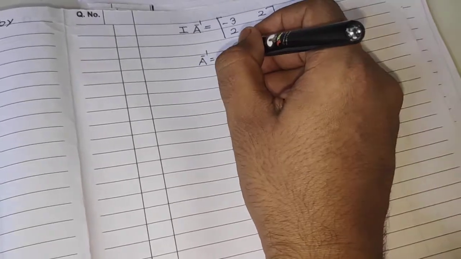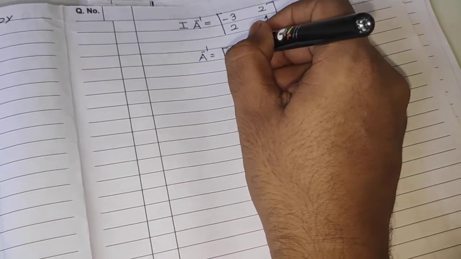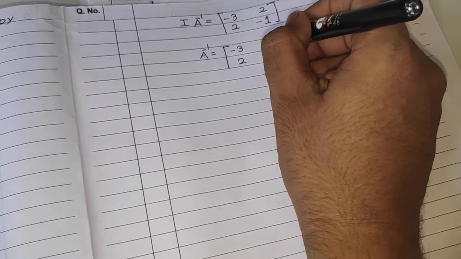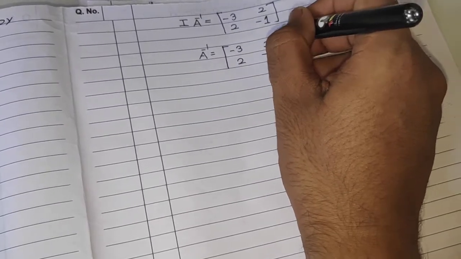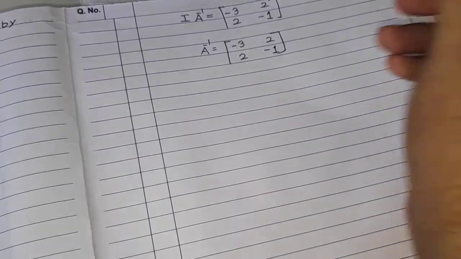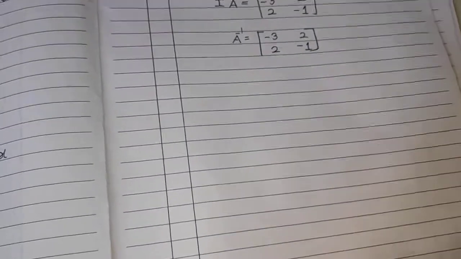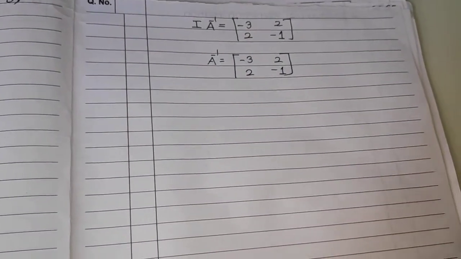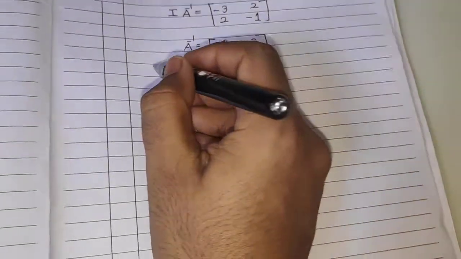So A inverse is equal to that. Now we have got A inverse, but the last step remains.